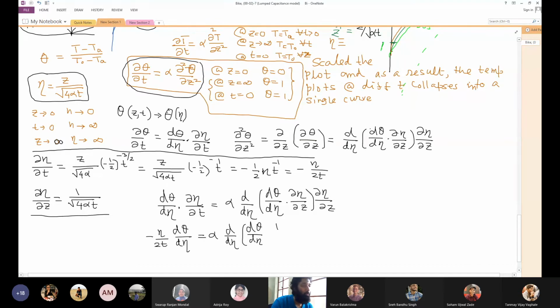Del eta dz is 1 by square root of 4 alpha t, and this is also 1 by square root of 4 alpha t.